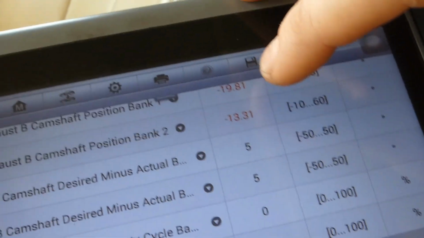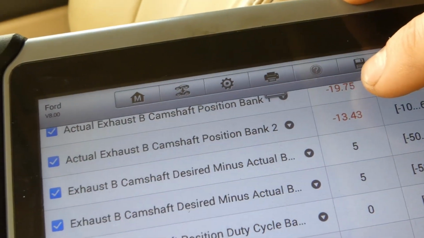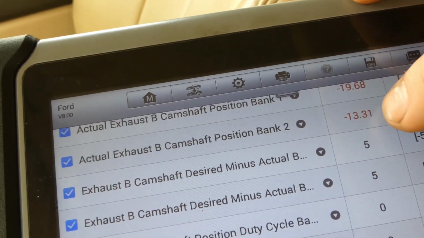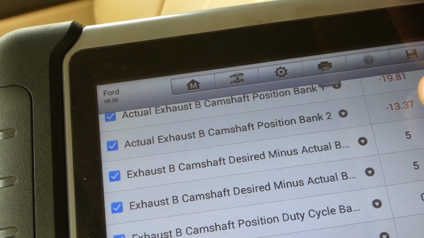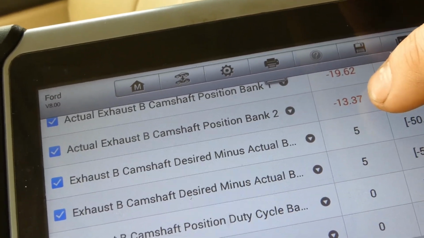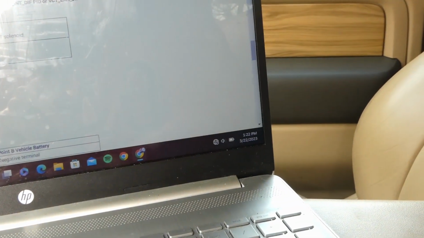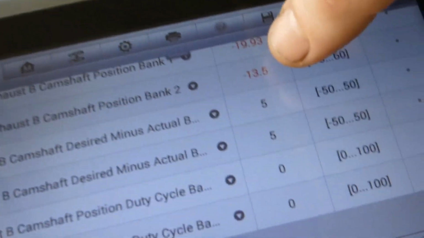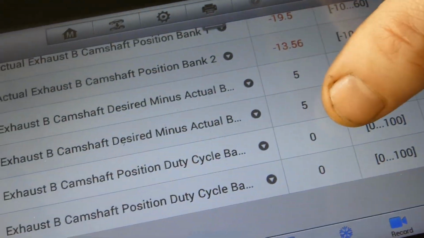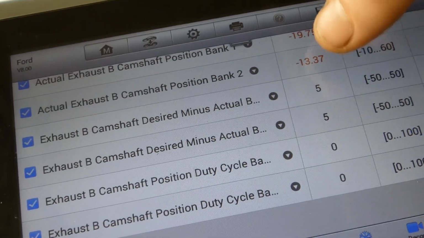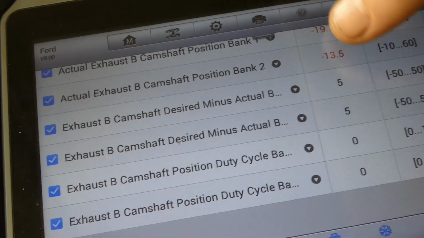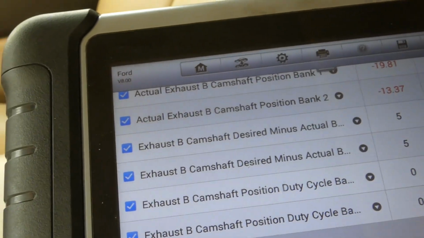Alright, it's been about 10 minutes. I got my data PIDs. We can already see that there is an issue on bank 1 and possibly bank 2. I don't know. So that's 20 degrees. Yeah, that's fully retarded, all the time.